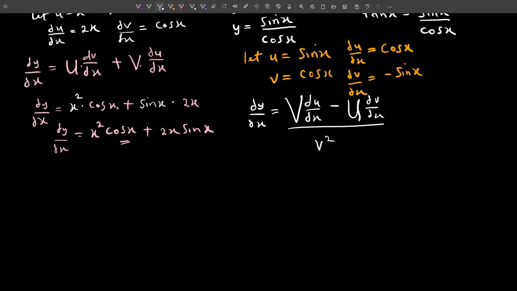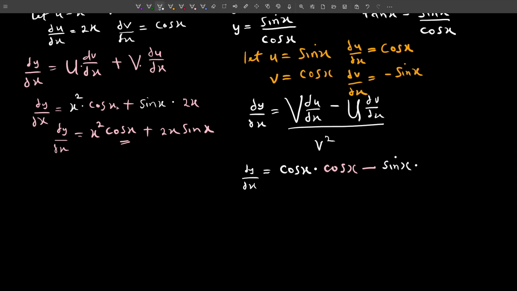So solving for this, our dy dx will be equal to, what is my v? My v is cos x, right? So cos x times, what is my du dx? du dx is also cos x. Minus, what is my u? My u is sine x times, what is my dv dx?